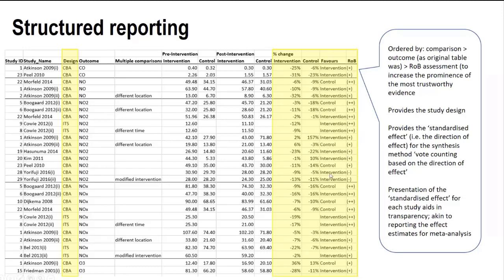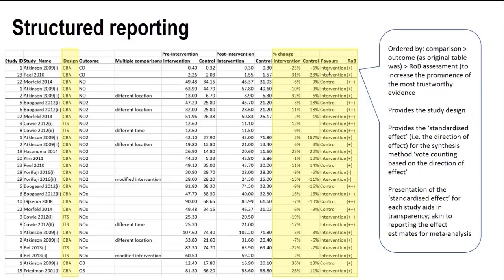So here, essentially, what they are doing in this review is basically vote counting. And so we really want to be able to say for each study and outcome within a comparison, did the study favour the intervention or did it favour the control? So this is exactly like presenting our actual effect estimate if we were to meta-analyse the results.